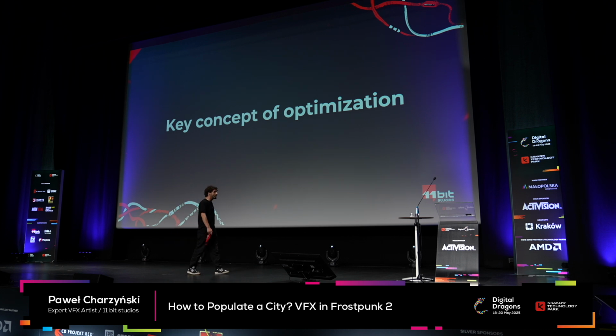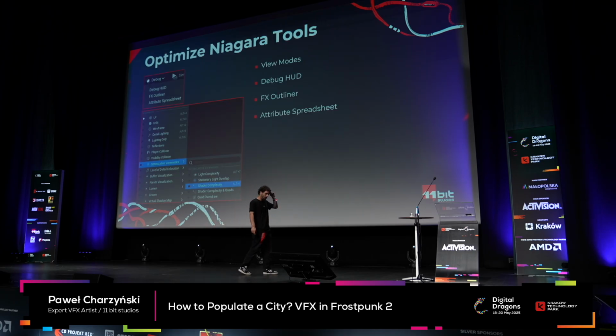So for debugging, I used the Niagara tools. Of course, there's the FX outliner, debug HUD, and shader complexity. Some debug views are really helpful as well. But the main tool for managing those things is the Niagara debug tools.